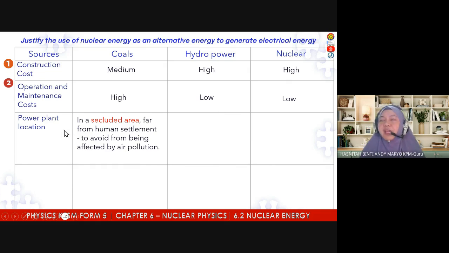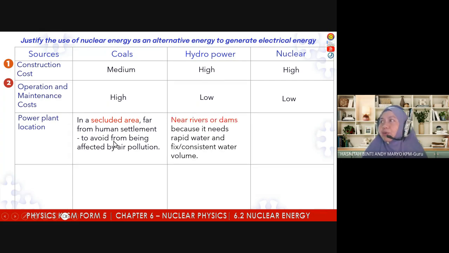What about the location of the plant? Coal plants are in a secluded area far from human settlement, because this coal power station produces a lot of soot, a lot of black smoke, which can affect the residents' health. Especially, it can cause a lot of respiratory problems to humans.